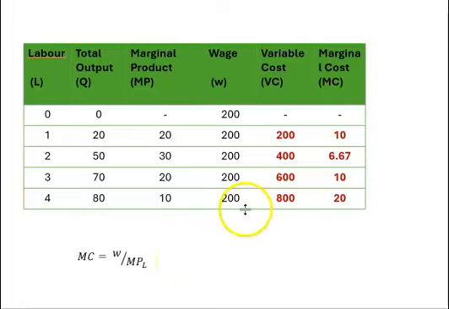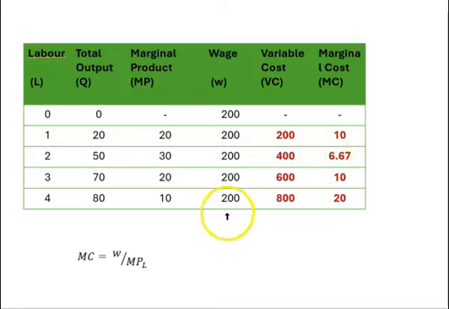So what do these results show us? When looking at the marginal product, as you add the second labor, output increases faster than the wage. Marginal product increases, and we can see that the marginal cost decreases from 10 to 6.67.